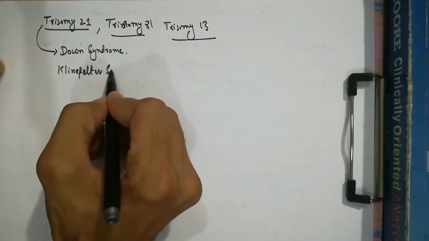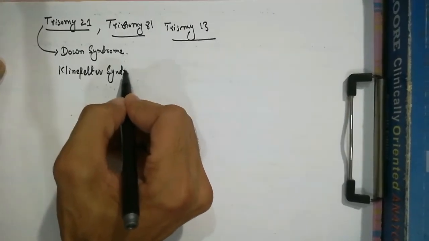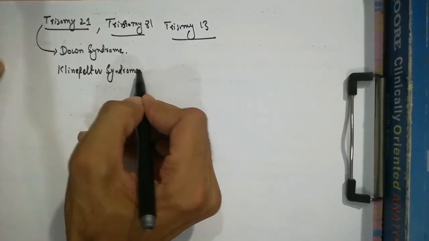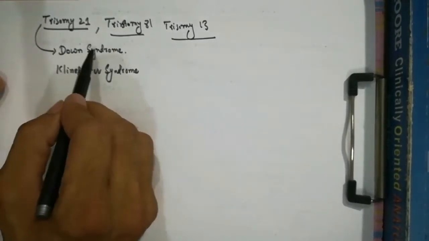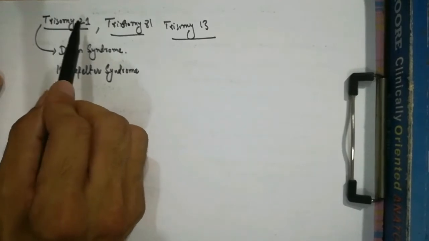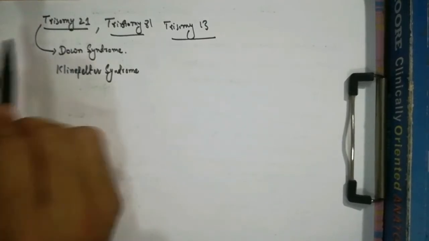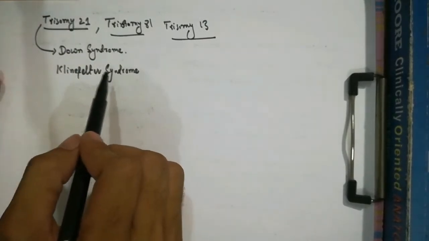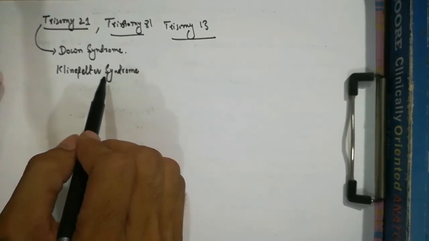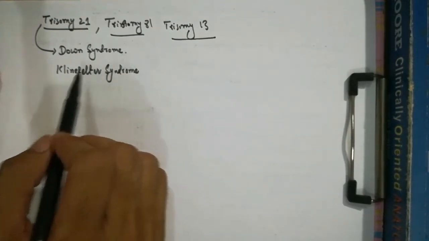Klinefelter syndrome. In Down syndrome, autosomes are involved in trisomy, and in Klinefelter syndrome, sex chromosomes are involved in trisomy.